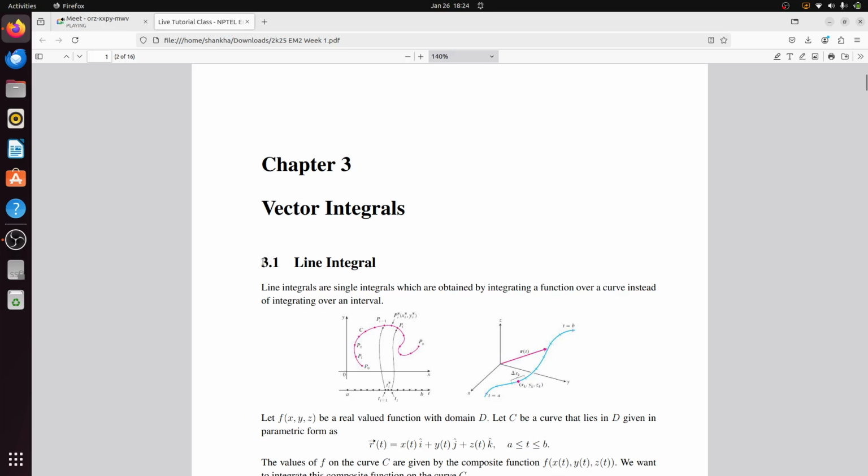For the first 2-3 classes I will discuss line integrals, vector integrals and so on, and I will also discuss a few problems once I have completely covered this chapter on line integrals, surface integrals and volume integrals. Then I will move to the next chapter, complex analysis. Please stay with me, we will learn the subject together.